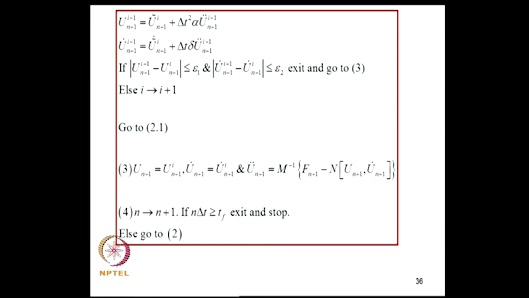If we exit after satisfactory convergence, I get u n plus 1, which is displacement, what has converged here, u i n plus 1; similarly velocity and acceleration are obtained. And here I will use not the predictors, but the converged solutions to find acceleration. Then I will increment time, and I will exit if we have crossed the final time instant, otherwise we will go back and continue with the algorithm.